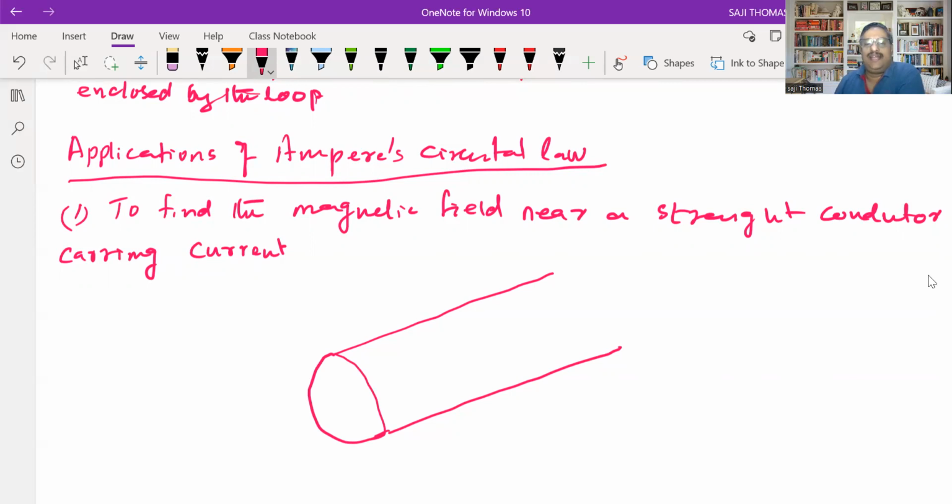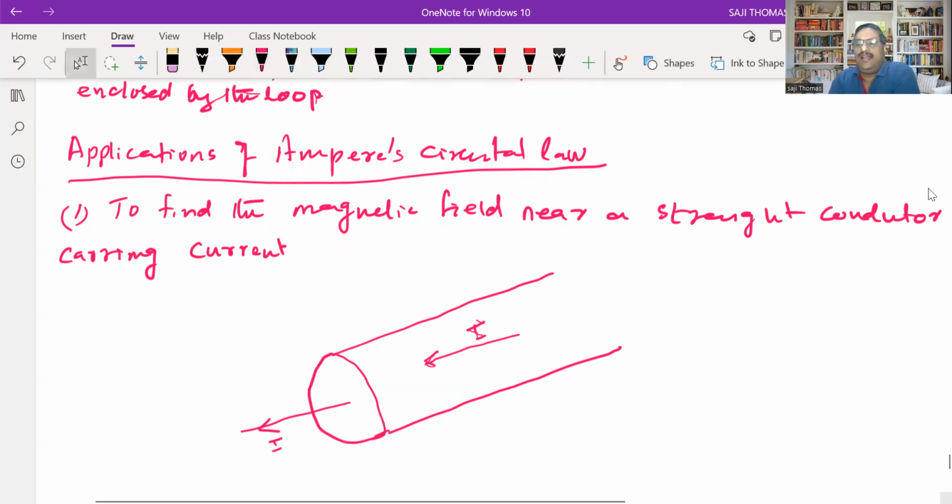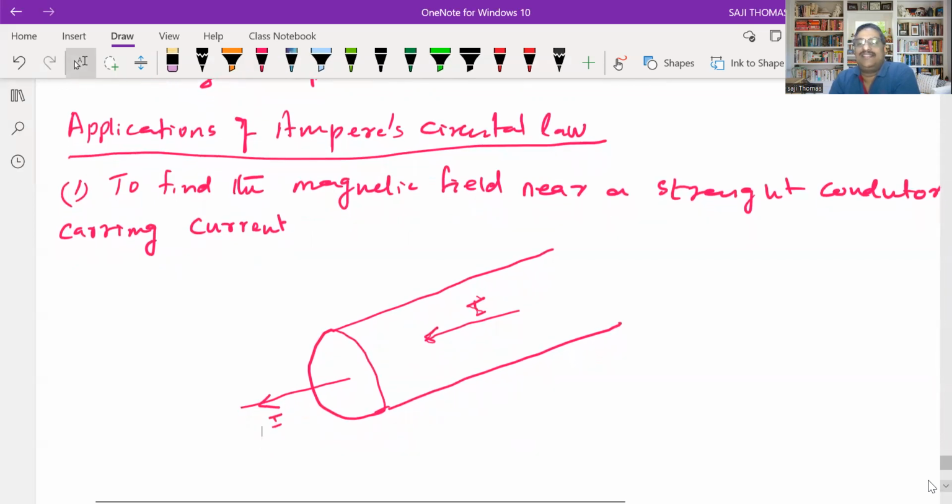And current I is passing through the conductor, like this. And I'm going to find the magnetic field at a point outside the conductor.